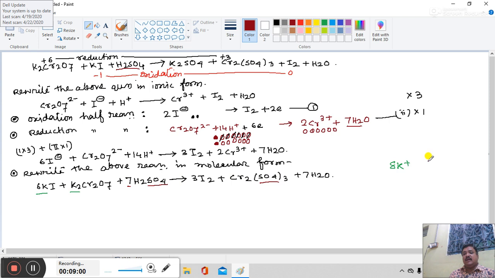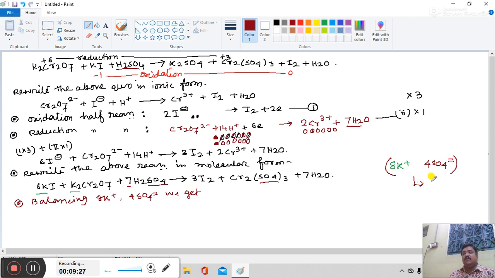So on the left hand side 4 sulfate ions are in excess. So in the last step, balancing the 8 K+ cations and 4 sulfate anions, these can form 4 molecules of K2SO4.